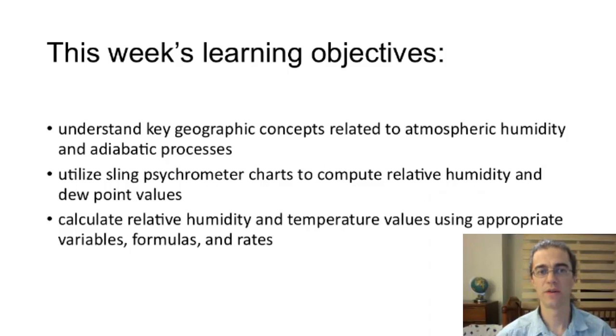And thirdly, we also want to calculate relative humidity and temperature values using appropriate variables, formulas, and rates. So those are our objectives to keep in mind, and we'll see how those play out throughout this little mini lecture and in the actual lab itself.